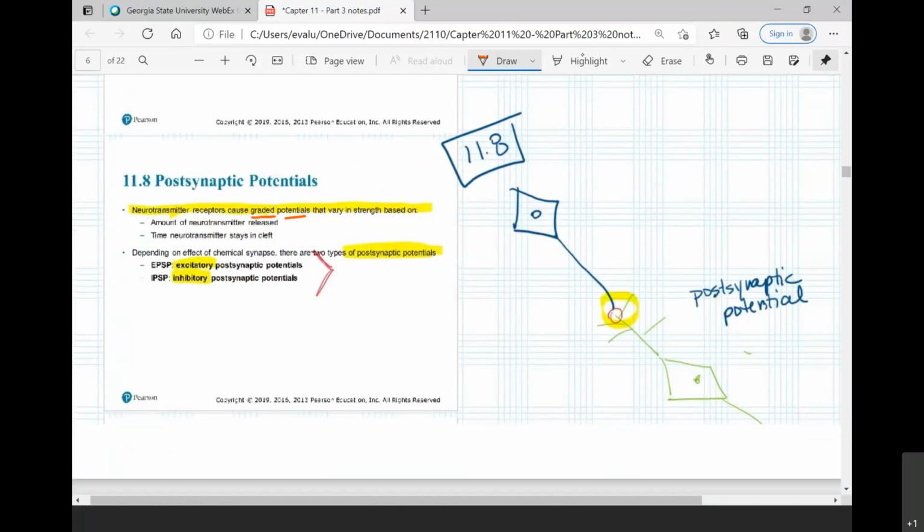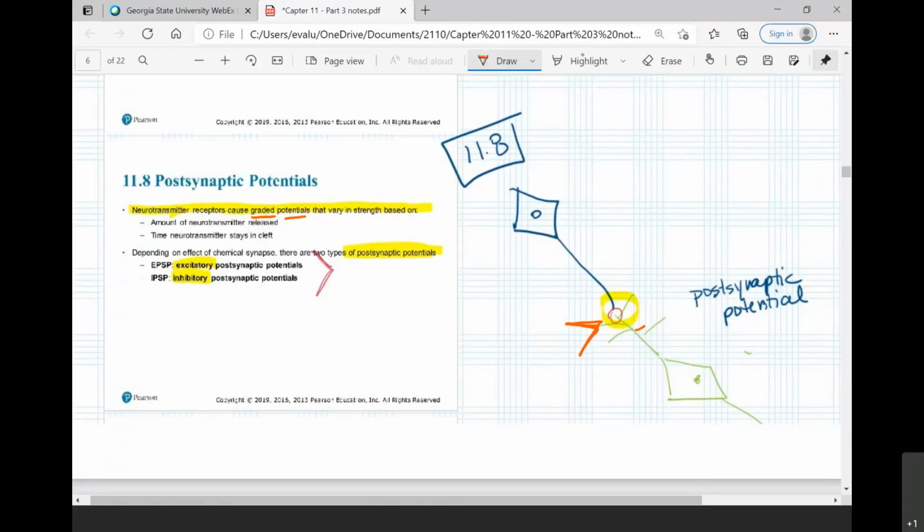When a neurotransmitter is communicating to another cell, and you've got your postsynaptic cell that is taking up that neurotransmitter, a postsynaptic potential is whatever is occurring in the postsynaptic cell. Whatever is happening in the second neuron is called a postsynaptic potential.